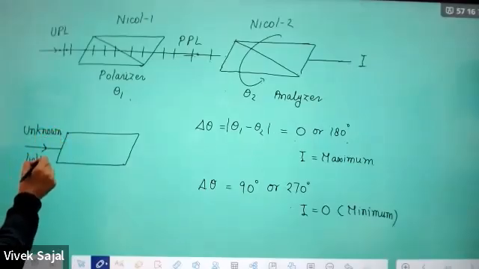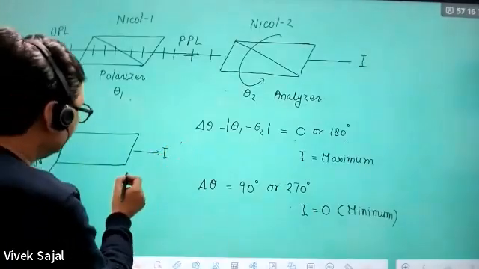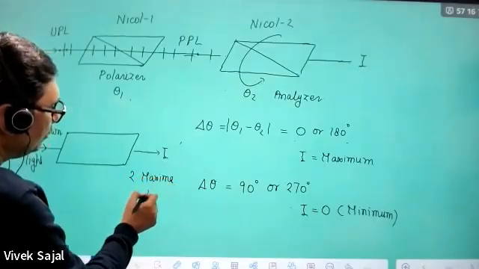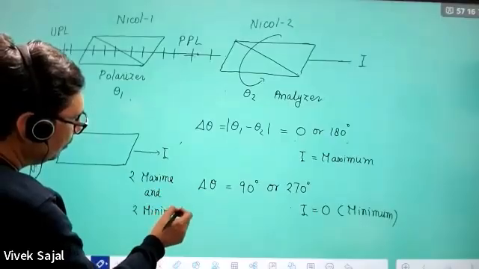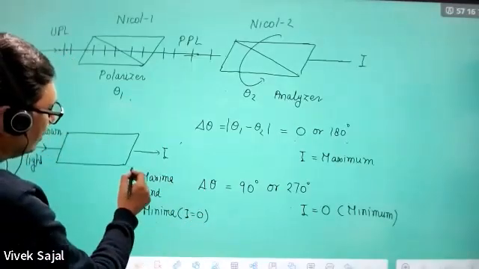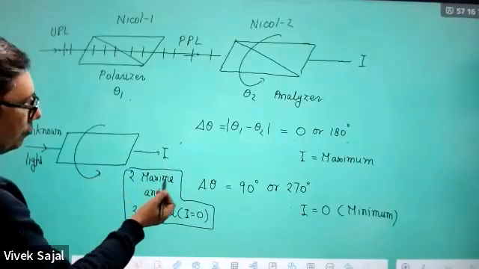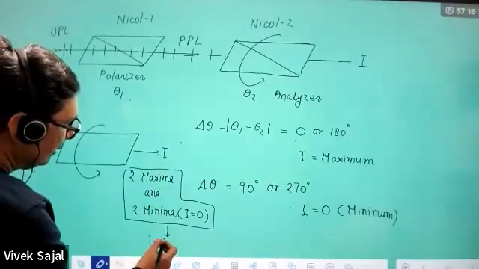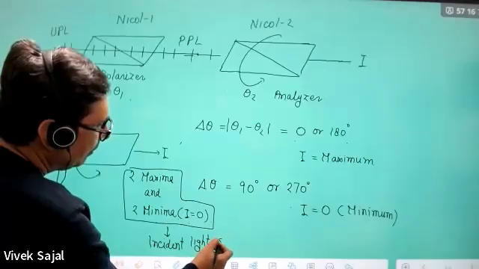On this side you have a detector and you get the intensity. If during one rotation you get 2 maxima and 2 minima with 0 intensity, then you are sure that the incident light is plane polarized light.